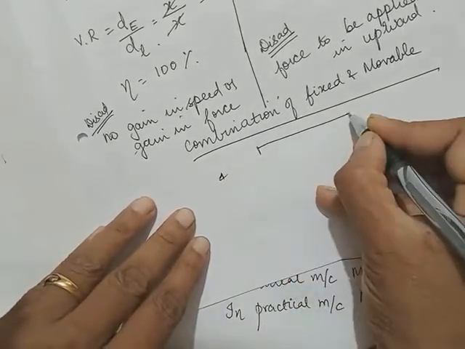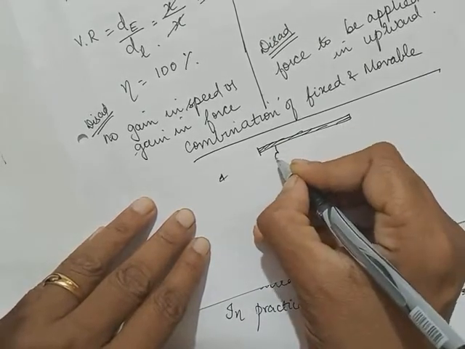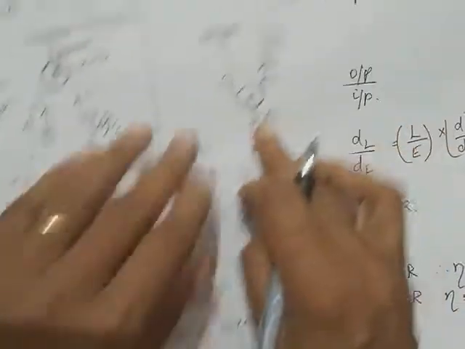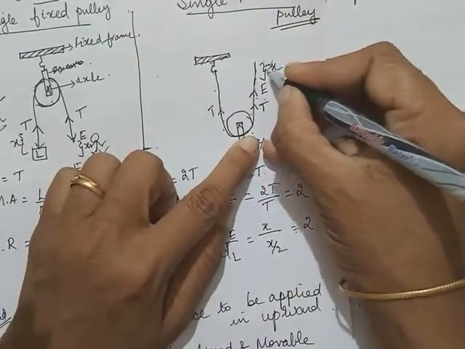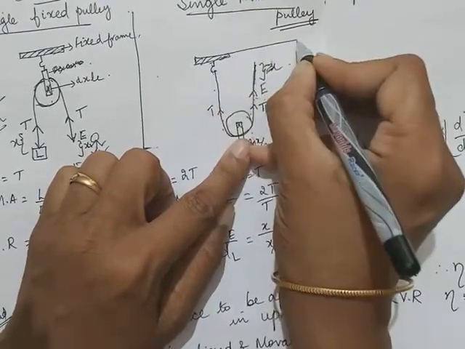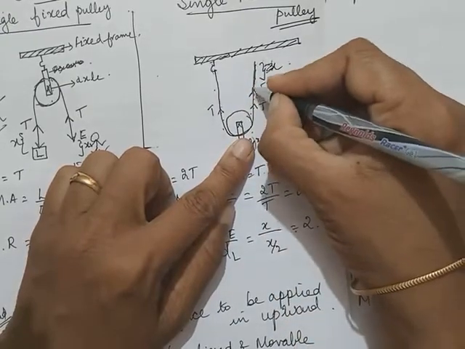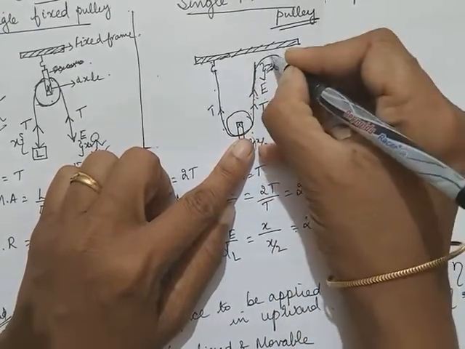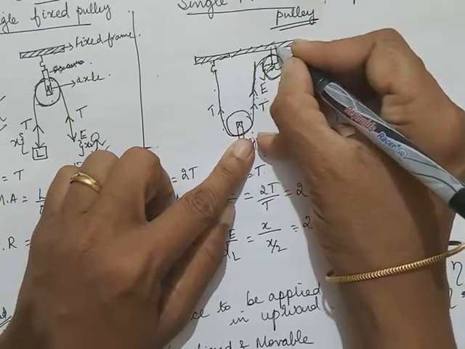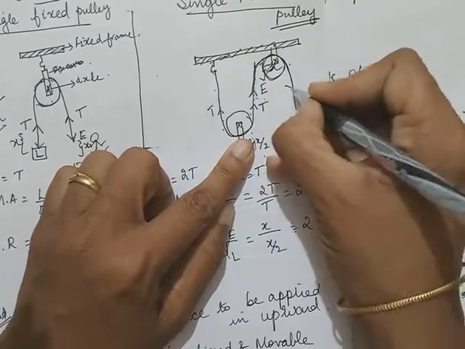I'll just tell you how to draw. You put a fixed frame first, then a hook here. Basically it's the same diagram, children. After this, you have to put a fixed pulley. So you extend this frame, and then this rope you make pass through another pulley which is fixed to the frame, and the rope should go here.